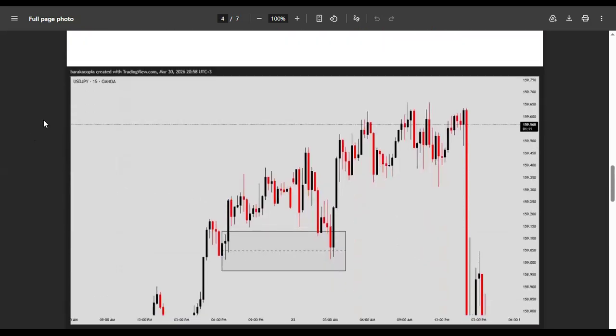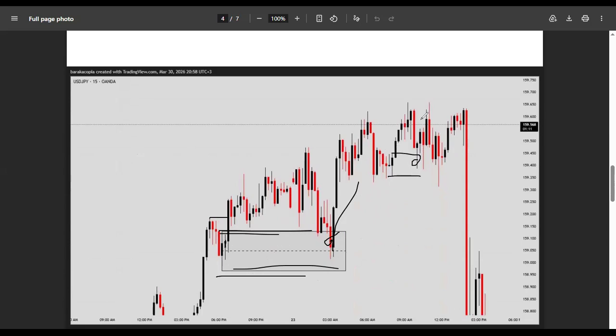This is the next example. You can see we have this candle as one order block. This candle is inside this candle, so we mark this one. And you see, after the break of structure, the market tested again and moved. See that? Even this one was an order block.